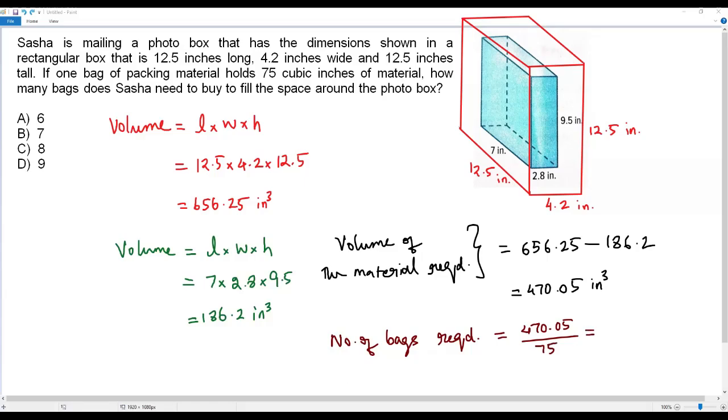I am getting 6.26733, and it keeps going. So clearly I need more than 6 bags. The number of bags cannot be a decimal, so it has to be rounded to the next integer. Then we need 7 bags of material to fill the space around the photo box. We find 7 in answer choice B. So the correct answer choice for this question is option B, 7.